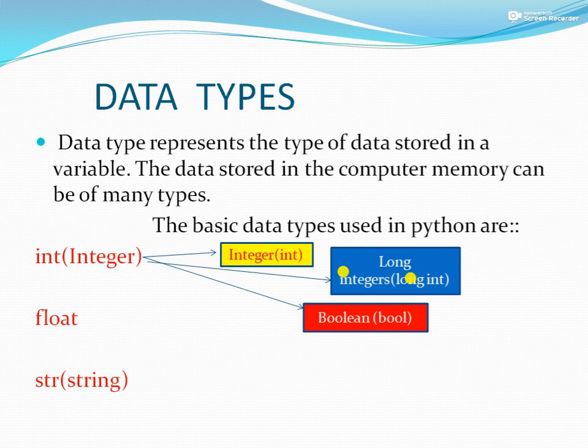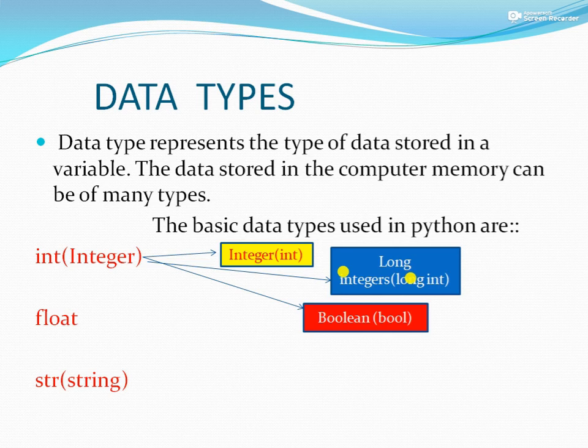Now, the next topic is data types. A data type represents the type of data stored in a variable. It specifies which type of data you are storing in a variable. The data stored in the computer memory can be of many types.